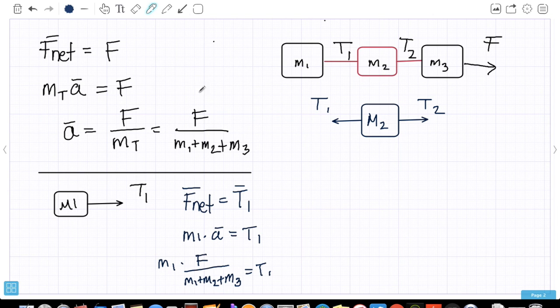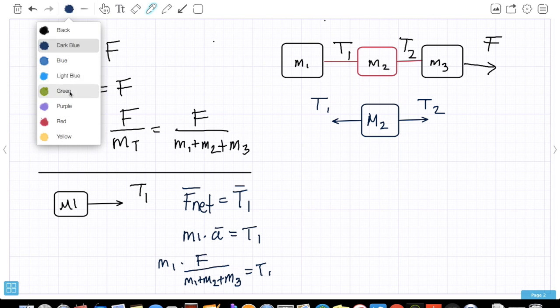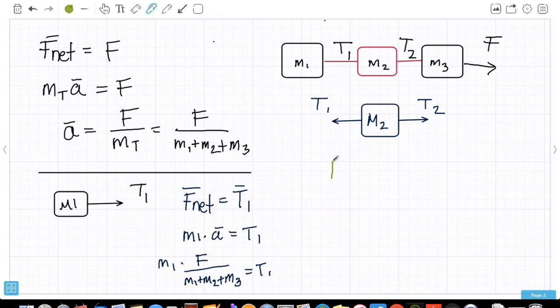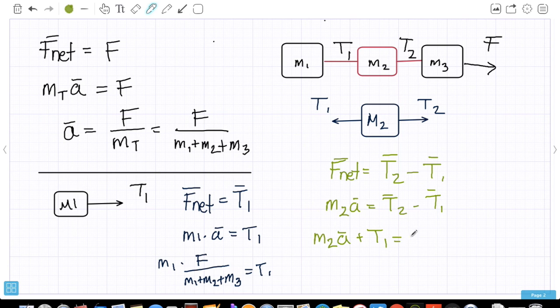So our Fnet statement, and I'll use a different color here, for this system is Fnet is equal to T2, and then I'll include direction, minus T1. Fnet is M2A this time. And then we'll bring over T1. And then we'll make our substitutions.